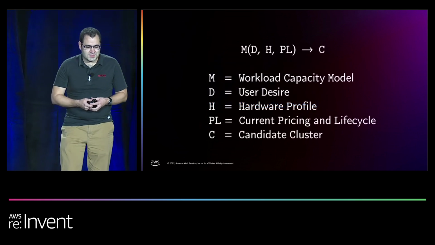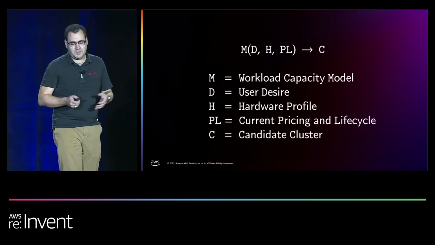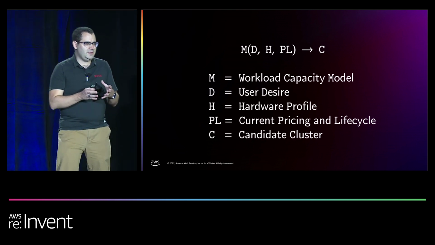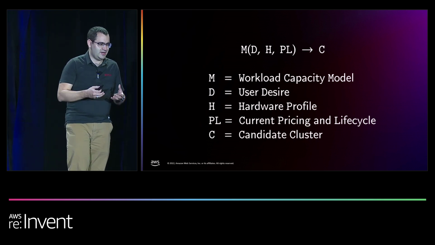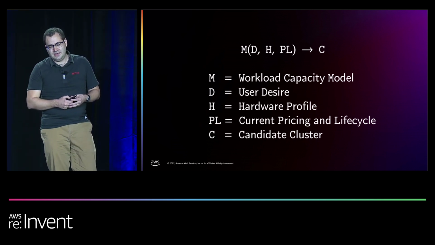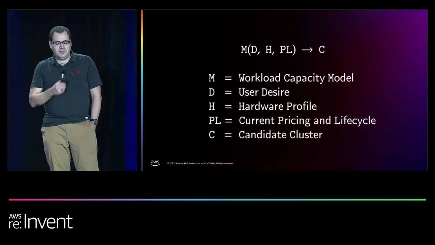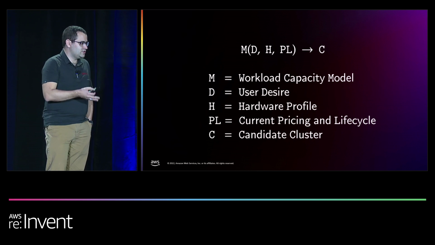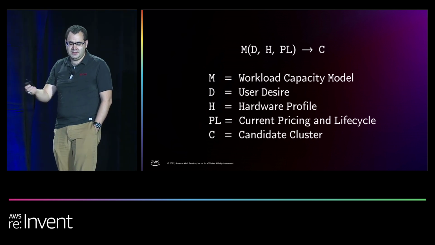All right, so this talk is going to be revolving around this equation. We have some workload capacity model, and this workload might be something as simple as a stateless Java app or something as complicated as a Cassandra database handling millions of requests per second. We have an input to this workload capacity model of what the user wants. So they're going to give us some description of, like, I want this kind of database with this kind of capacity.